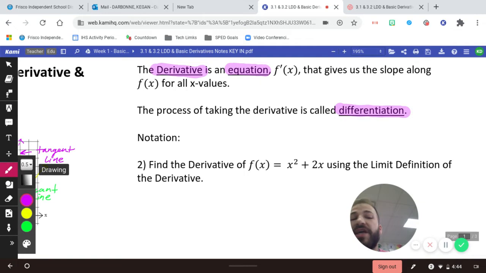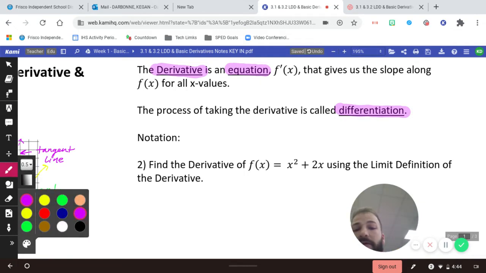Now, some different notations, some different ways that you can see the derivative written. Of course, we have our f prime of x, the one we just did. You could do y prime. So any function, whatever it is, you just tack a prime onto it, it means the derivative. You could see dy over dx, which means the derivative of y with respect to x.